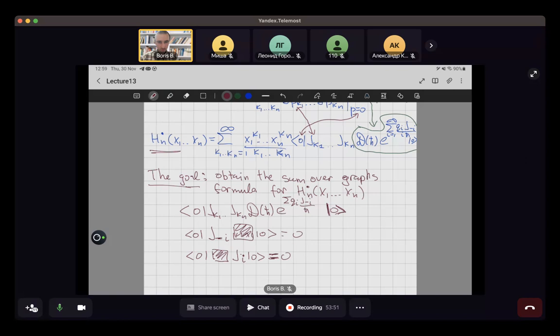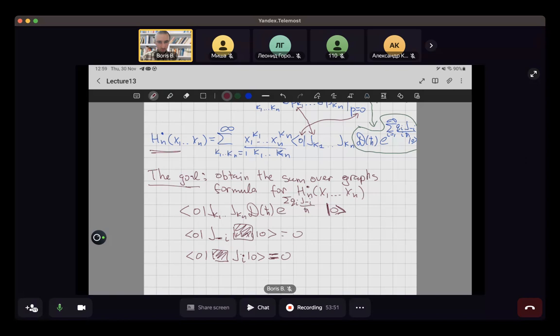For this, let me define the following guy: G bold m is equal to the conjugation of J by D, D of H inverse. So D inverse is an operator inverse to the operator D.